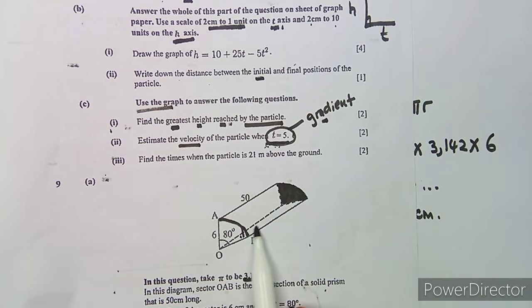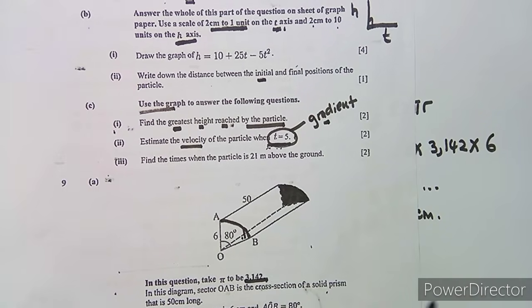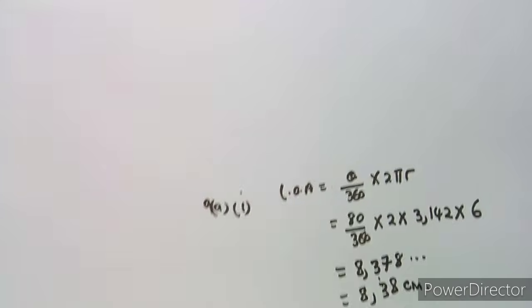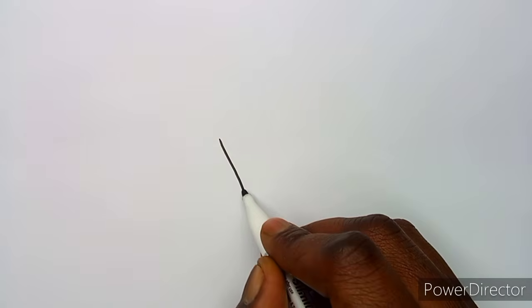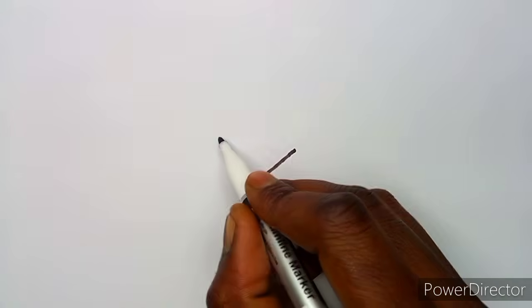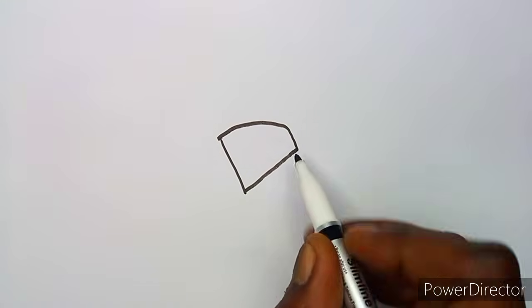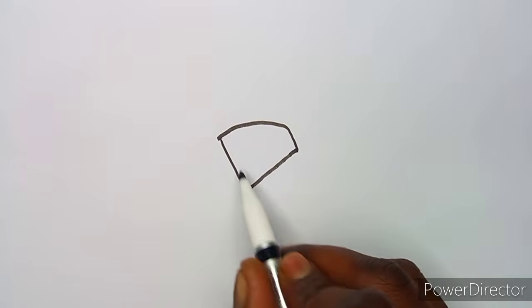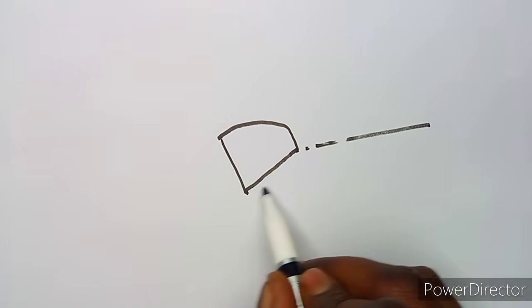Then on the base there is a rectangle. Because we are talking of a sector, which gives us something like this, this side here is going to be joined to another side like that.